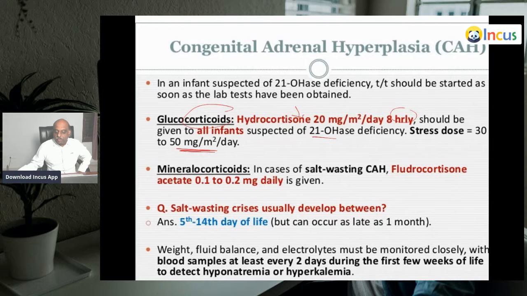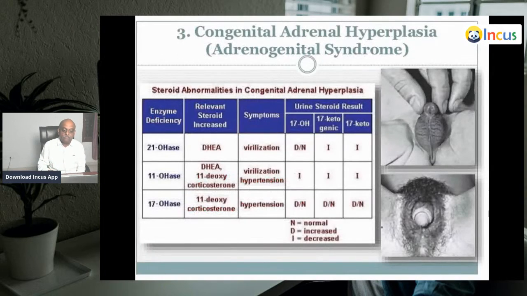But if it is a 21 alpha hydroxylase deficiency like salt wasting congenital adrenal hyperplasia, write it in your 100 pages notebook, definitely coming questions. Fludrocortisone needs to be given. So when will salt wasting crisis happen in CAH? Typically between 5th to 14th day of life is what you need to remember.